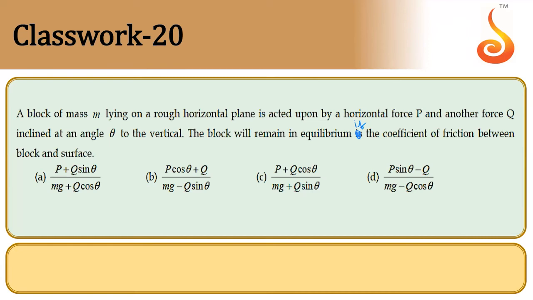So draw a diagram for this. The block. Rough surface, that means there is friction. A horizontal force P is applied on it, and another force Q, inclined at angle theta with the vertical.